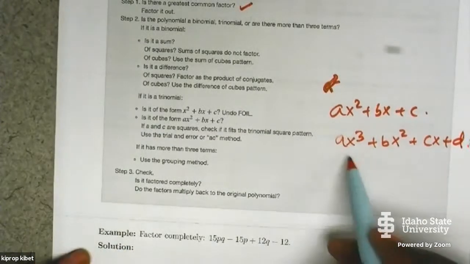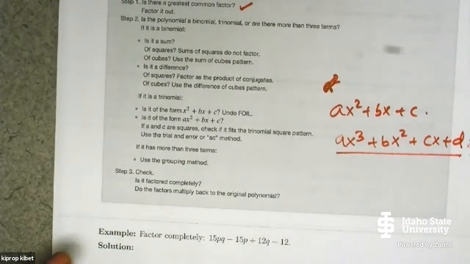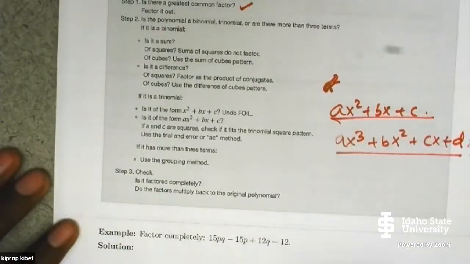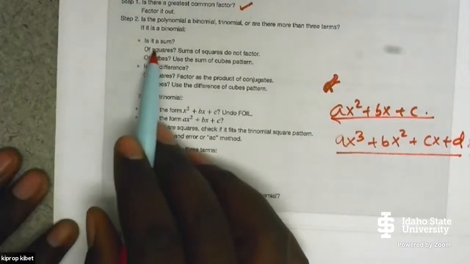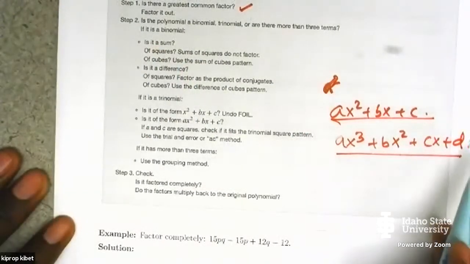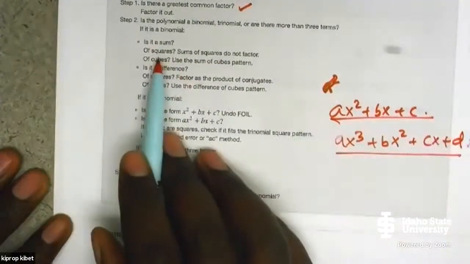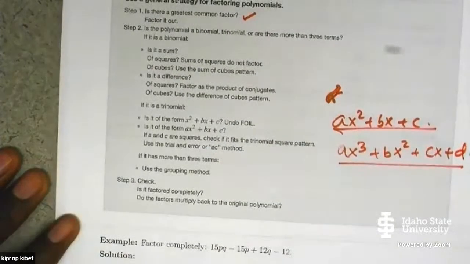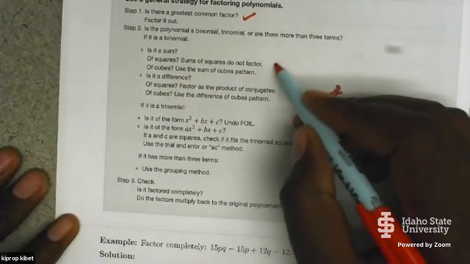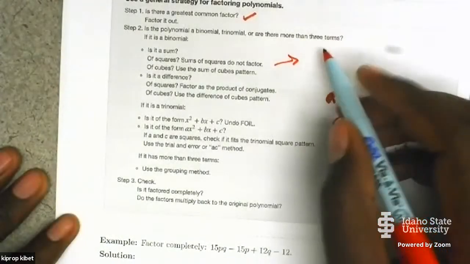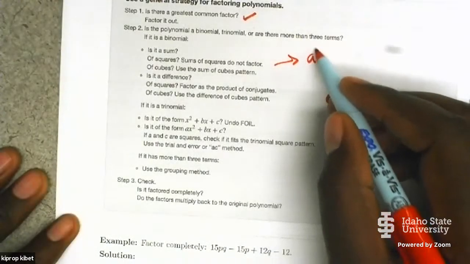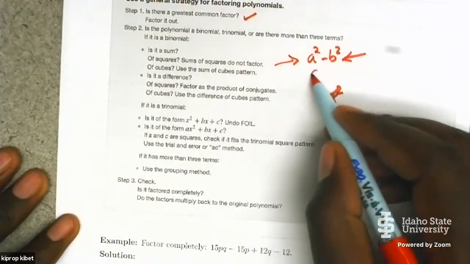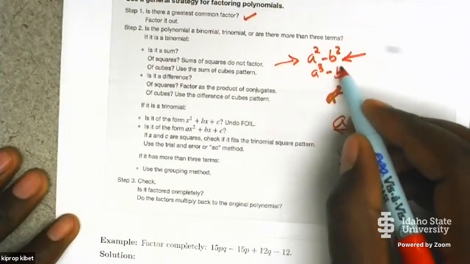So there is a way of factoring this. Now if it is a binomial, is it of squares or of cubes? A binomial was of the form a square minus b square. Was it of this, or was it of a cube minus b cube?